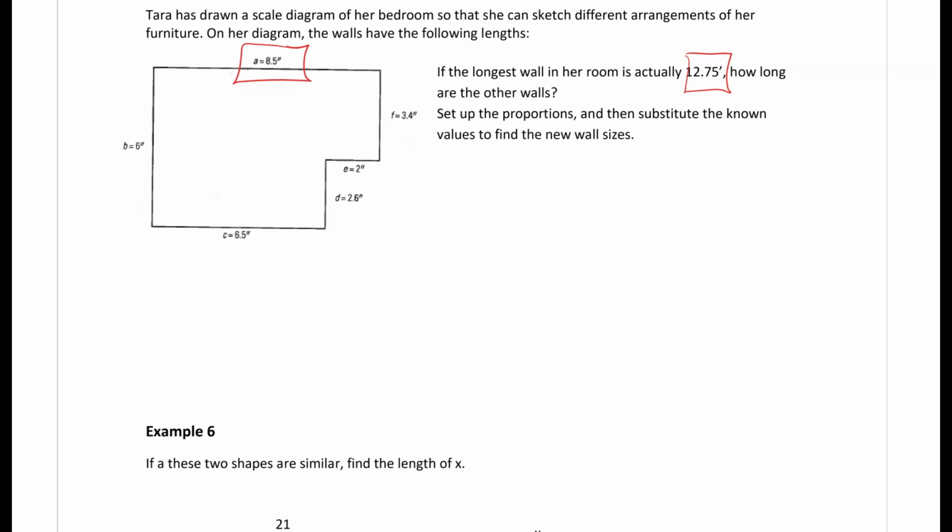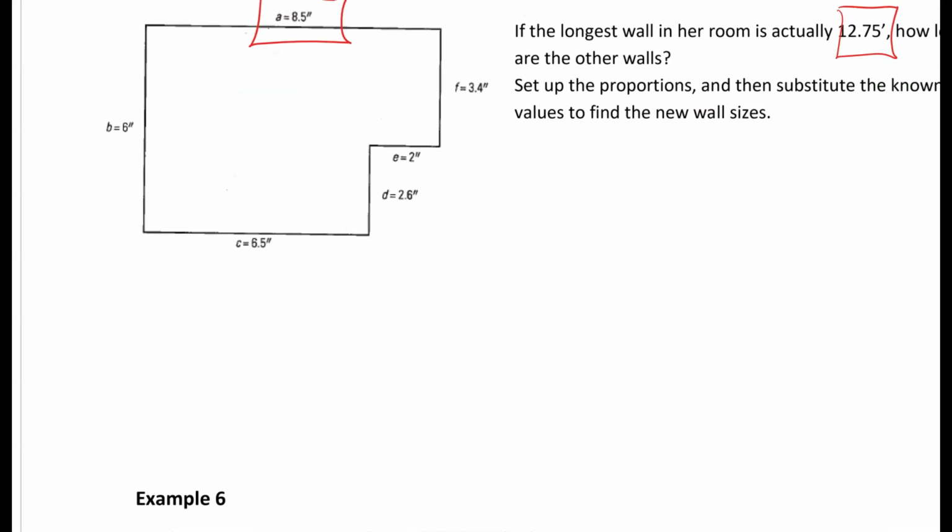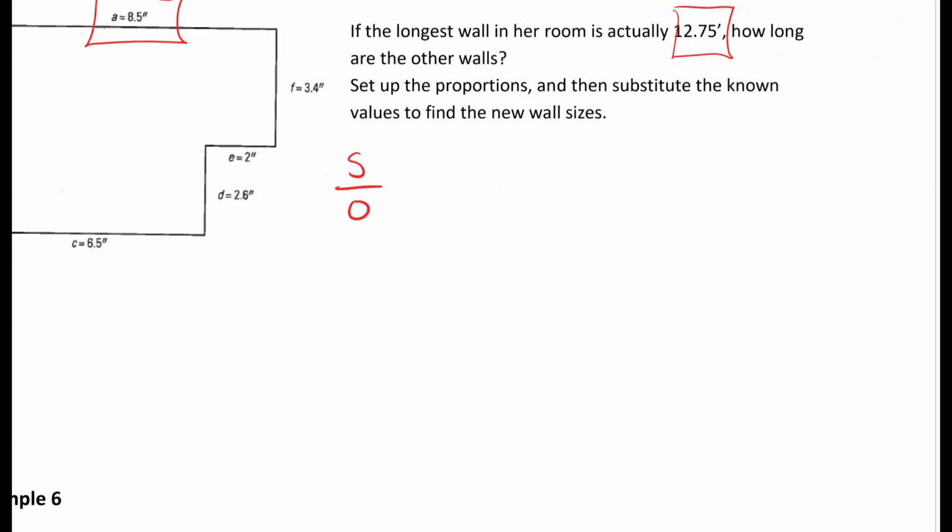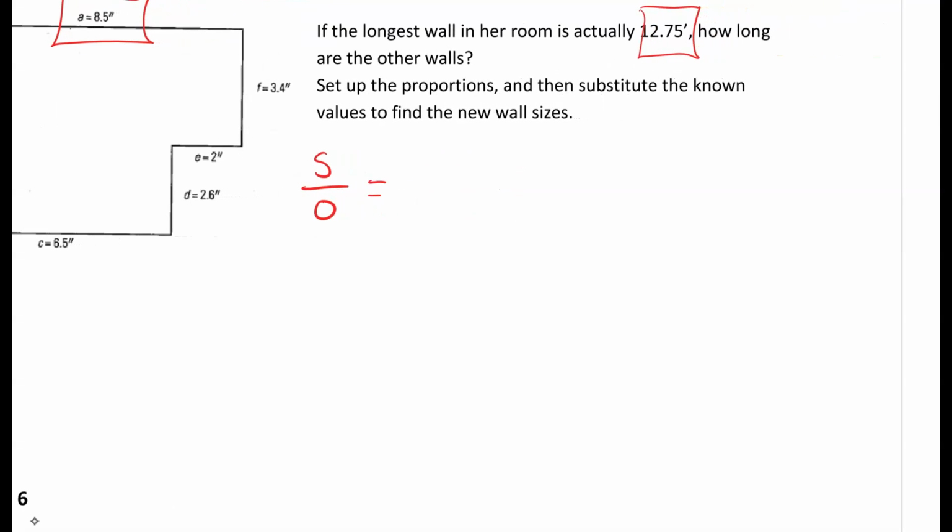So what we have is our scale over our original. Now that means that we have a scale which is 8.5 inches over our original, which was 12.75 feet. To make this easier to work with, what I'm going to do is get this all under 1.